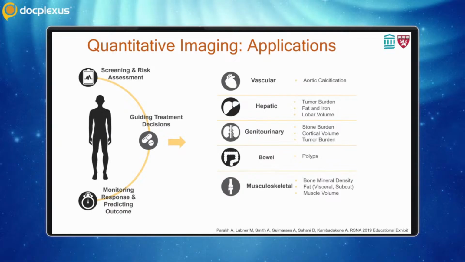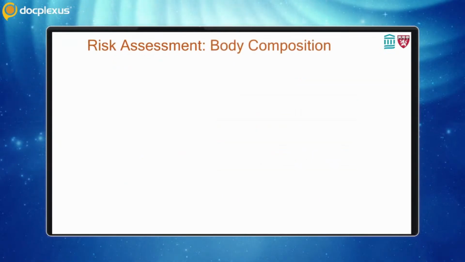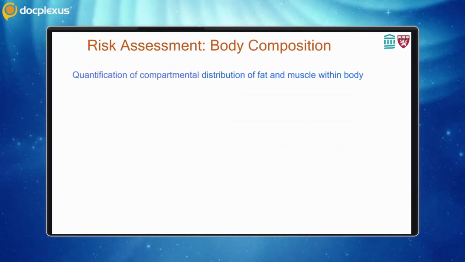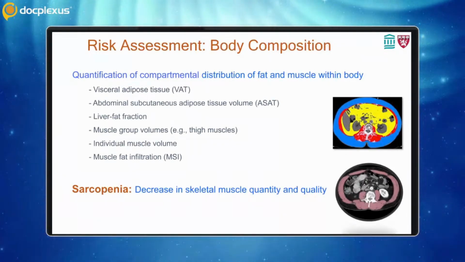One is risk assessment. Now, you might have heard about body composition. There is a lot of interest in exploring the value of CT in quantification of compartmental distribution of fat and muscle within the body. There are multiple different parameters available. One such body composition metric is sarcopenia, which refers to a decrease in the skeletal muscle quantity and quality.